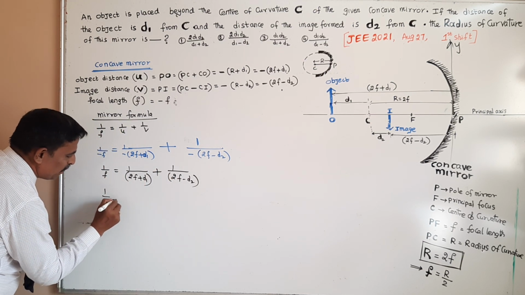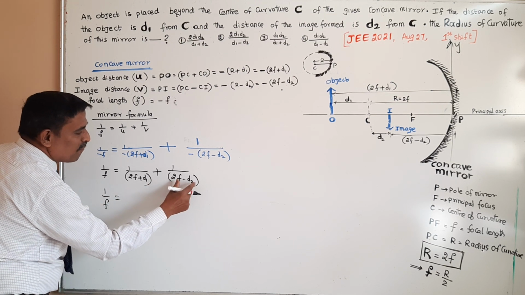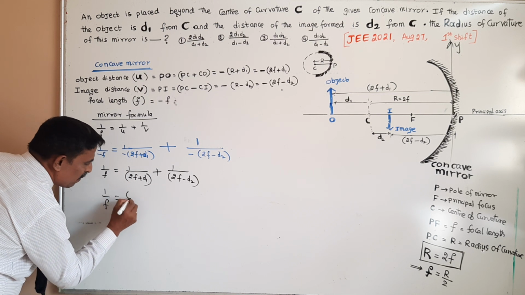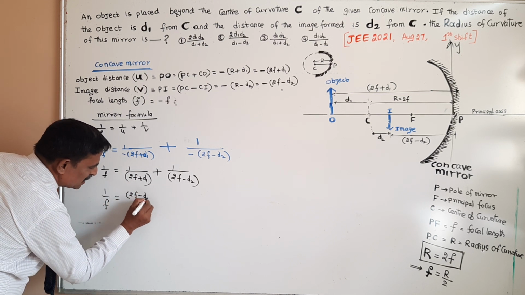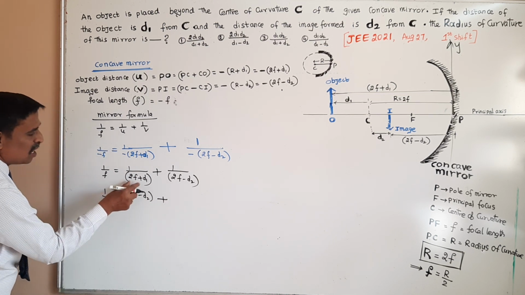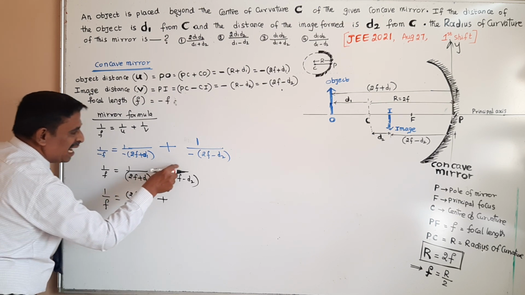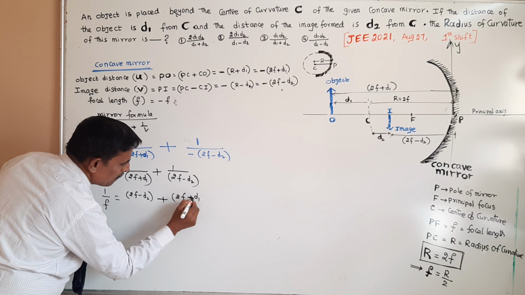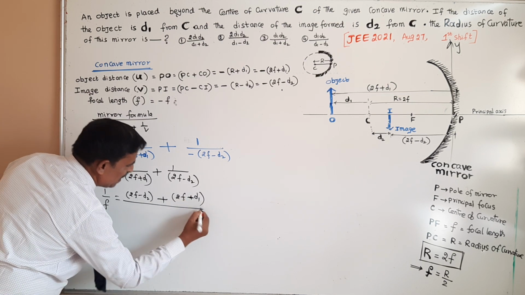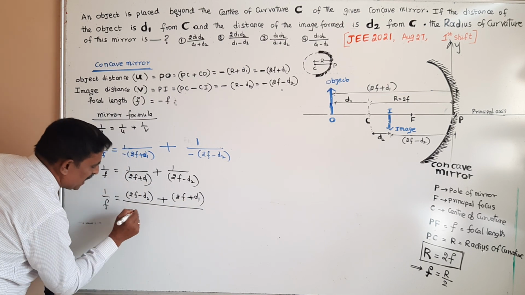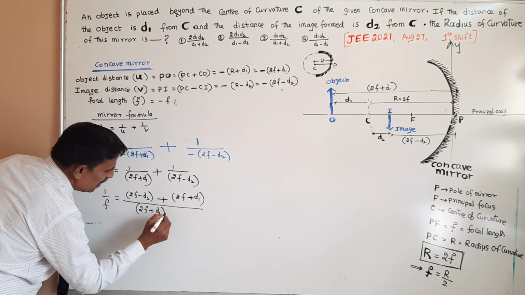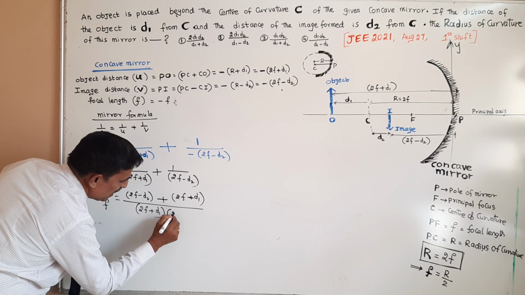Taking the LCM, we get (2f - d2) into 1 plus (2f + d1) into 1, divided by (2f + d1) into (2f - d2).